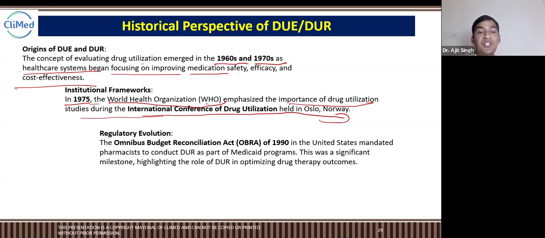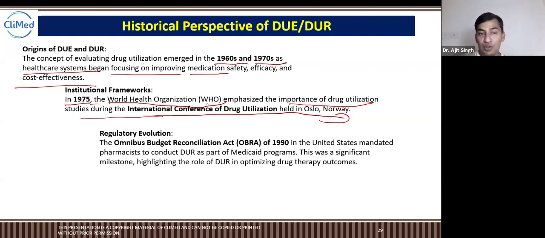The Omnibus Budget Reconciliation Act, OBRA, in 1990 from the United States, mandates pharmacists to conduct DUR as a part of the Medicaid program. For the first time, they made it compulsory in 1990 under the Medicaid program. So the pharmacist has to do the drug utilization review in the USA. This was a significant milestone, highlighting the role of DUR in optimizing drug therapy outcomes.